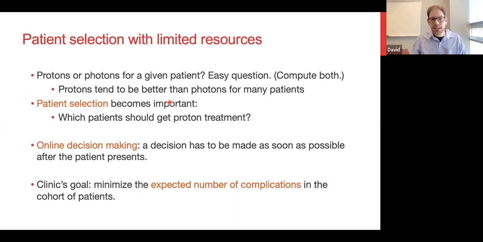After a number of days, the decision has to be made and the treatment needs to start as soon as possible. And of course the clinic's goal is to maximize the benefit over all the patients, and the easiest way to measure this is by minimizing the expected number of complications in a particular cohort of patients, like all the patients who are eligible for proton therapy.